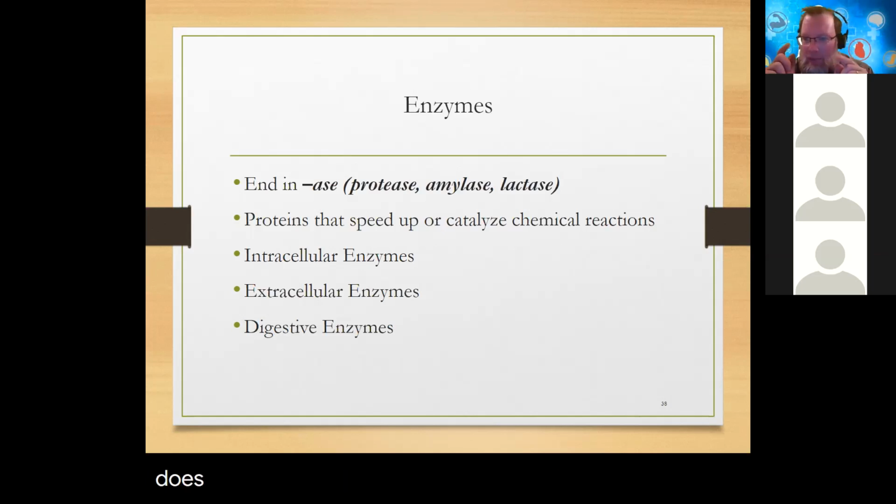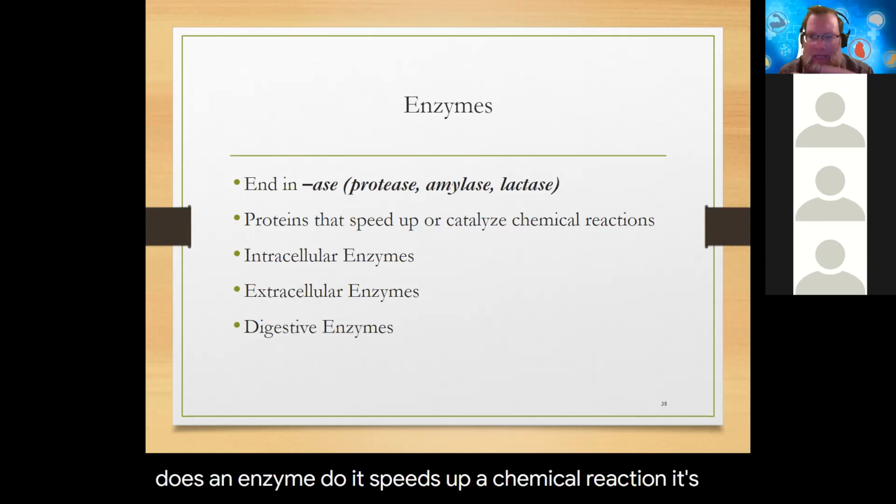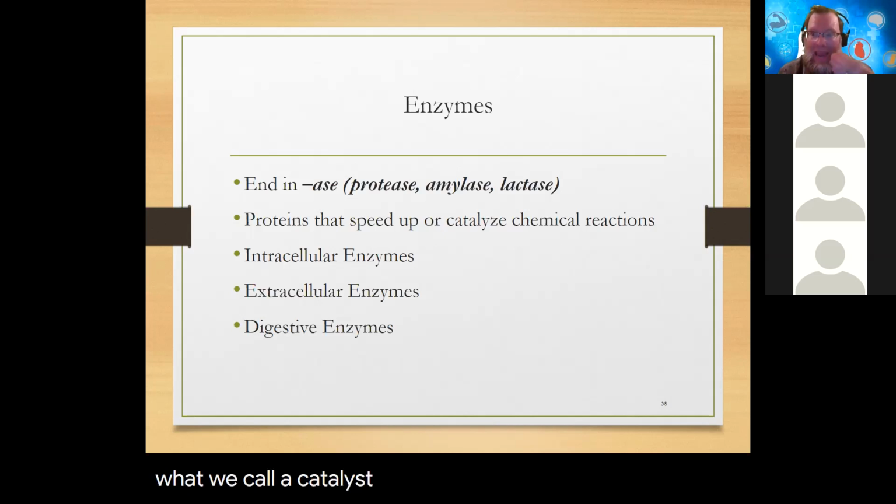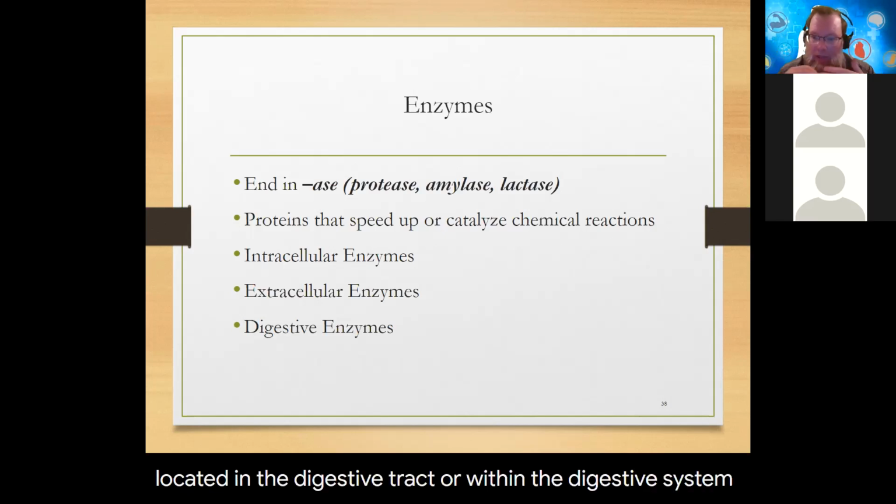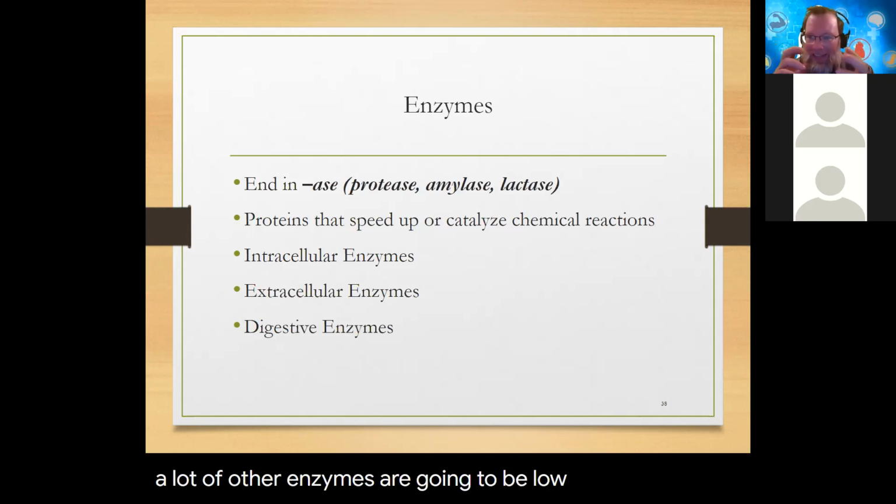What does an enzyme do? It speeds up a chemical reaction. It's what we call a catalyst. So it catalyzes, or speeds up, a chemical reaction. A lot of enzymes are going to be located in the digestive tract or within the digestive system. A lot of other enzymes are going to be located inside of cells.